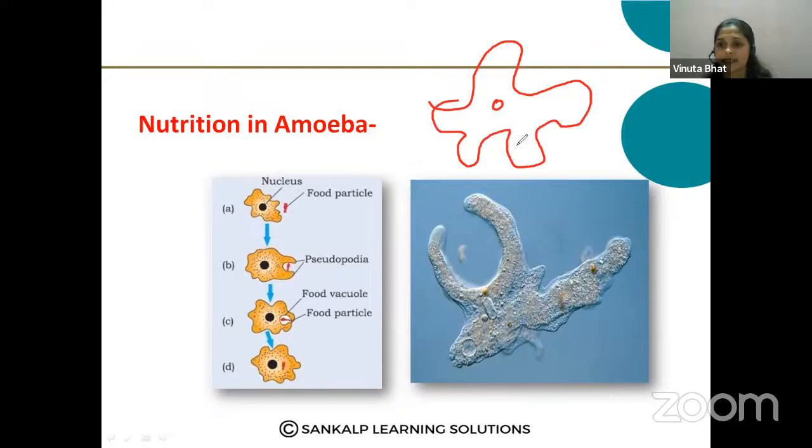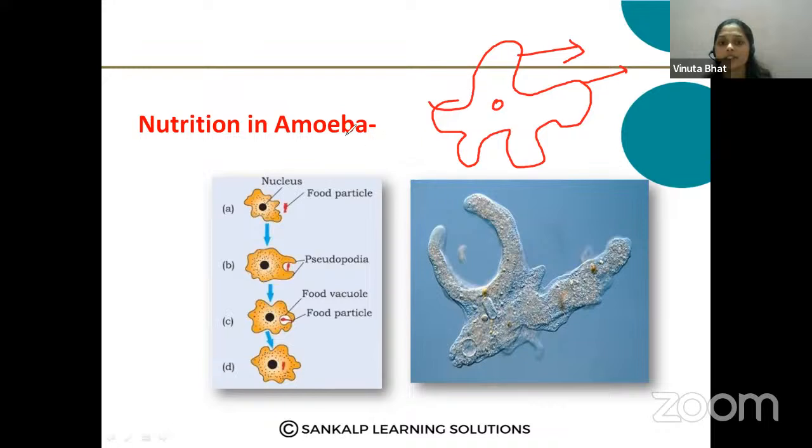It is a single cell organism, but how does it obtain its food? Amoeba uses its pseudopodia to get its food. Pseudopodia are extensions. These extensions are called pseudopodia, also called false feet.